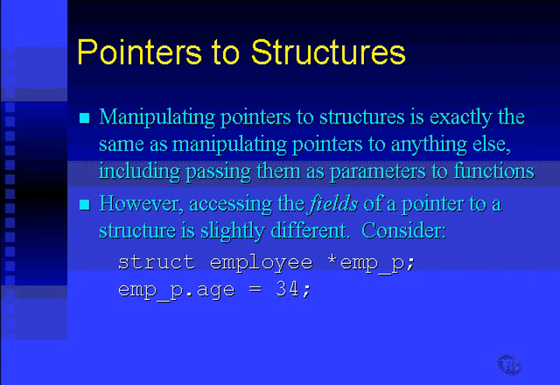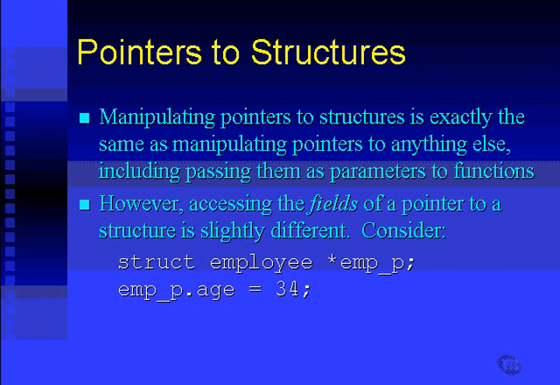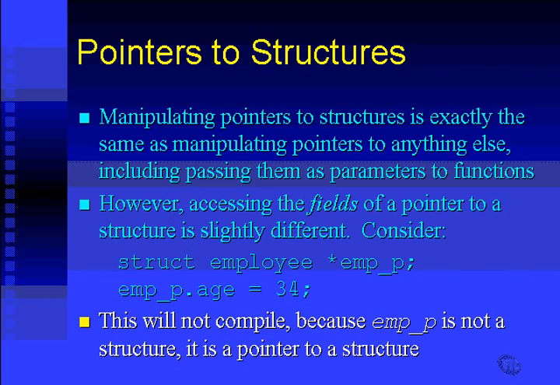Let's say we've got a structure called struct employee, and we declare a pointer to it, and we'll call that emp_p, or employee pointer. Now, look at the second line of code there. emp_p.age equals 34. Now, that line of code will not compile, because emp_p is not a structure. It is a pointer to a structure.